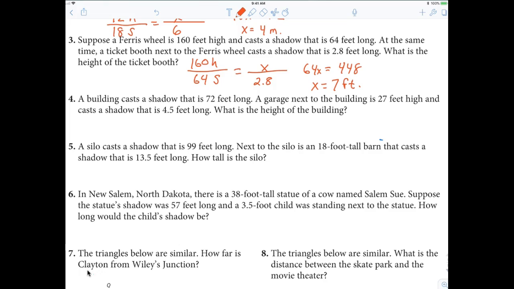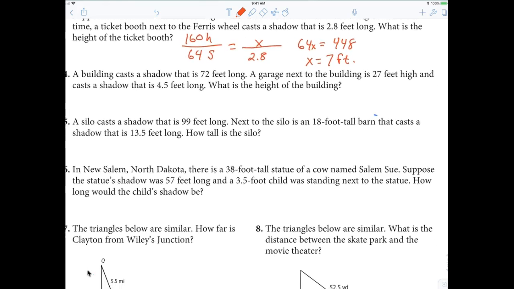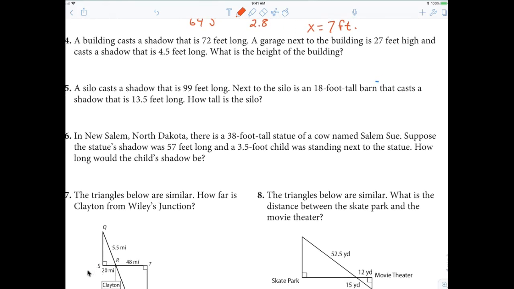All right, Kate, you help me out with number 4 now. Tell me how to set it up. Where do you want to put that, on the top or the bottom? Okay, so if I put 72 on the top, what is that called?